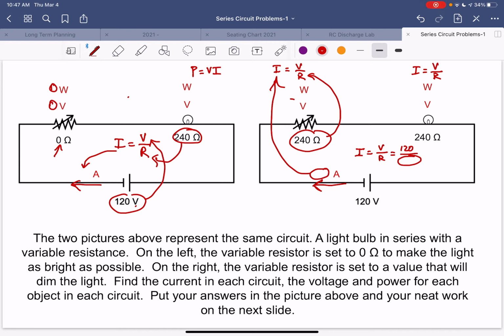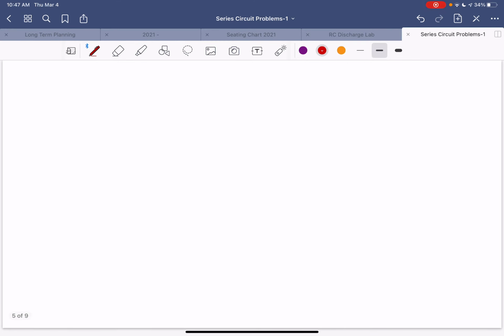Solve for volts, put it here, then use power equals VI to get your power. Do it again here, do it again here. Okay, and this will get you your values for when the resistor is set to the higher value. Put your work and your answers on this slide.